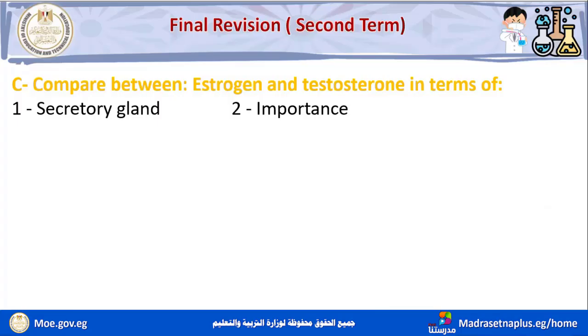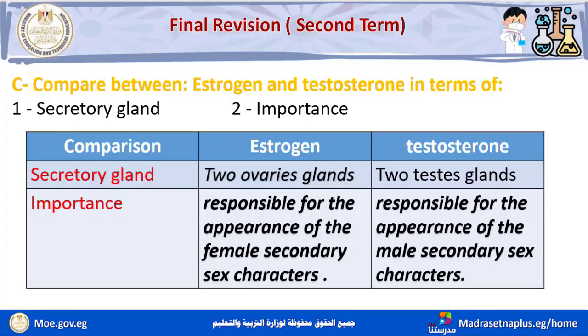Letter C, compare between estrogen and testosterone in terms of number 1, secretory gland, number 2, importance. Estrogen, secretory gland: the ovaries. Testosterone, secretory gland: the testes.